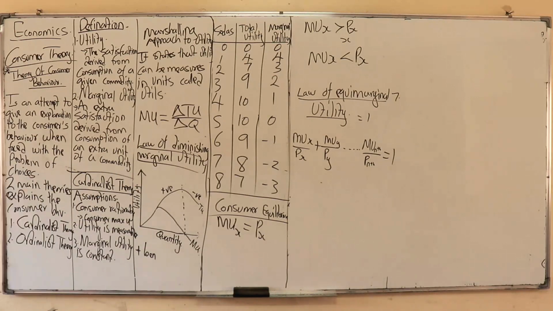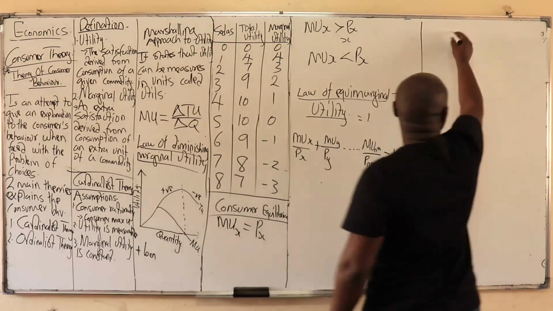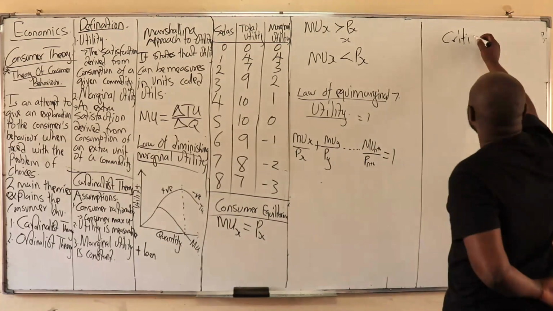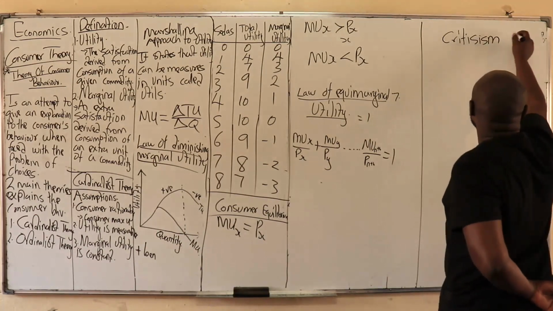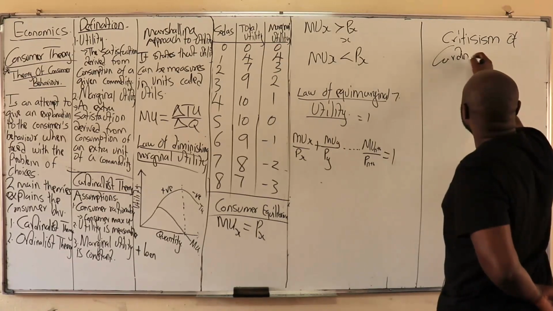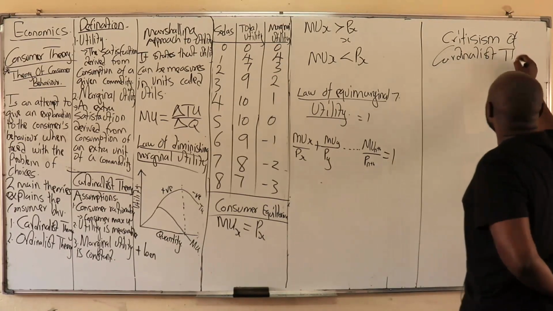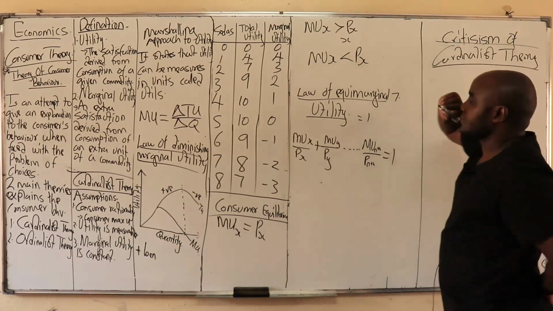Then the last thing that we shall talk about here is the criticism of the Cardinalist theory. Some of the criticism include what?